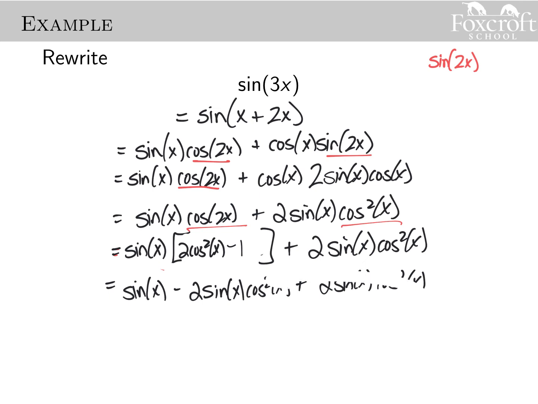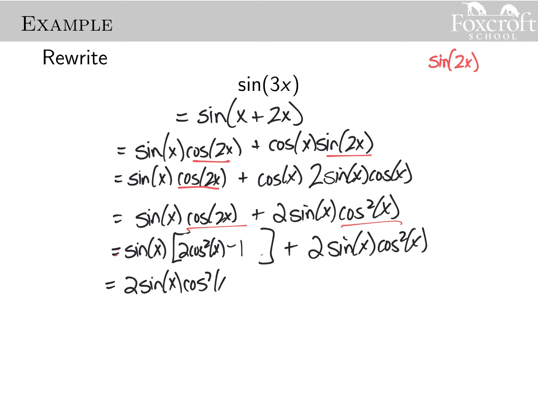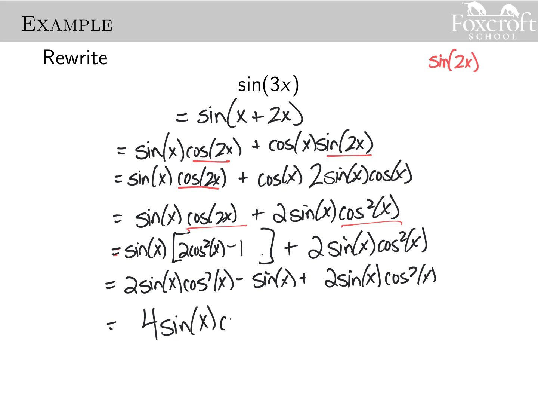All right, so I have to erase this one. So this becomes 2 sine x. It looks similar, but the negative signs aren't the same. So now, with my mistake, these two terms would have canceled out, but now they're going to combine. I'm going to get 4 sine of x cosine squared of x minus sine of x.